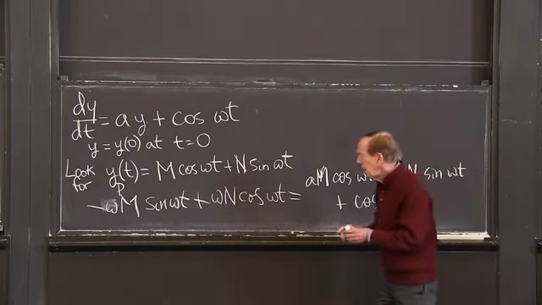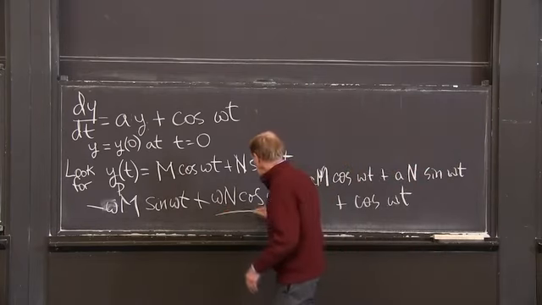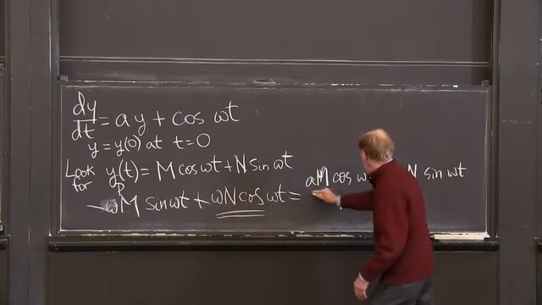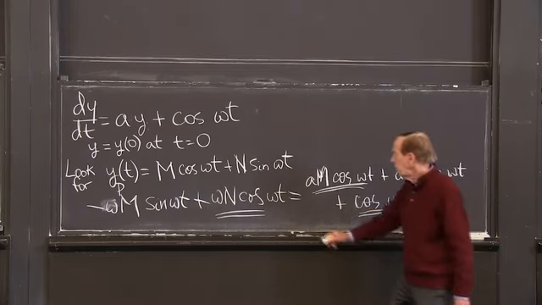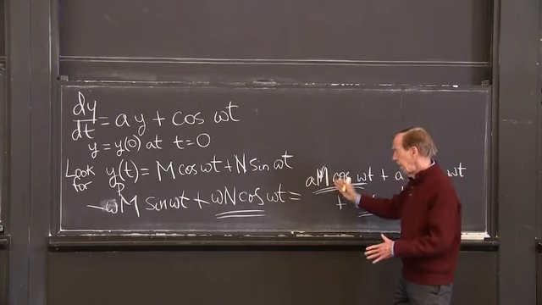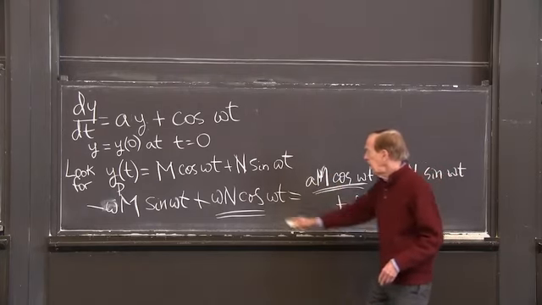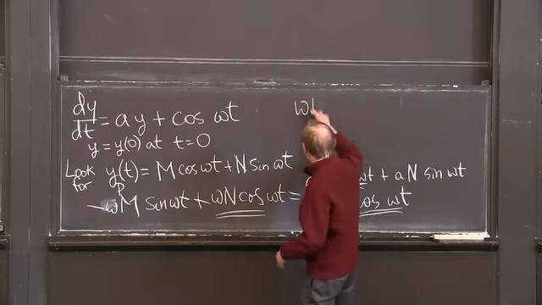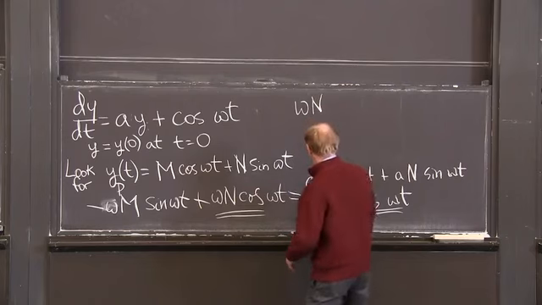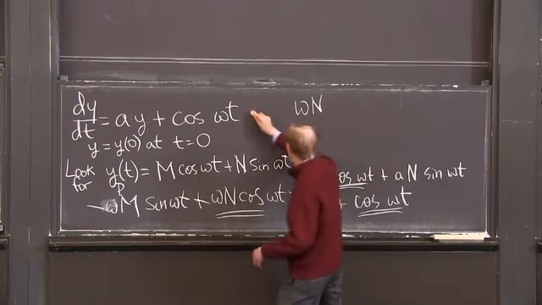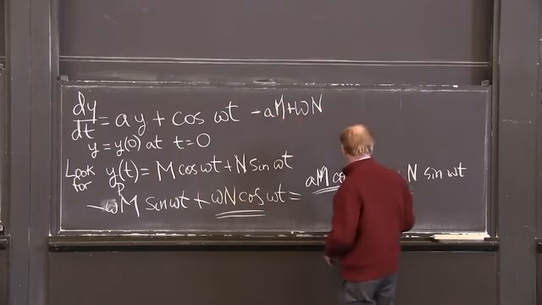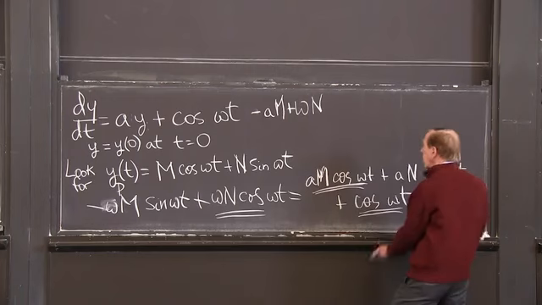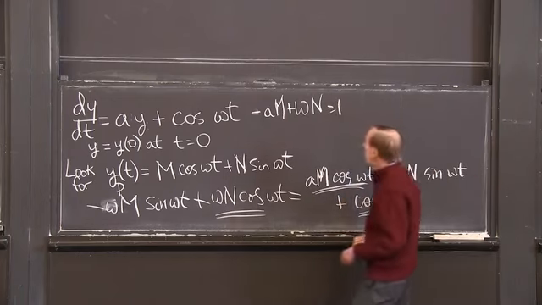So I match the cosine terms. I match that cosine term and the source term. So they all multiply cosine omega t. So I want omega n. I bring this over to the other side: minus a m plus omega n equals, here I just have 1 cosine, equals 1.